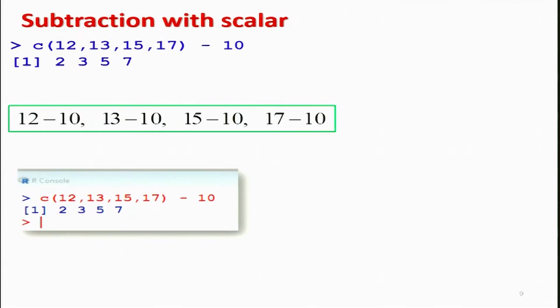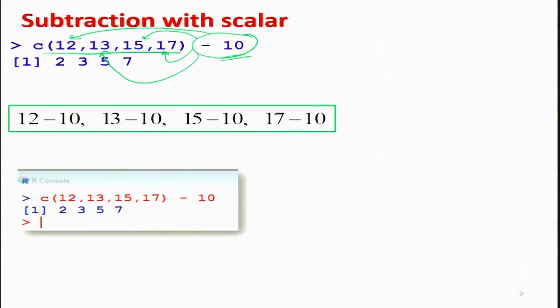Similarly, if I ask what will happen with subtraction, take a data vector which has 4 values 12, 13, 15, 17 and subtract a scalar 10. Now I don't need to explain; you can understand easily that this minus 10 is going to be operated on each of these elements.